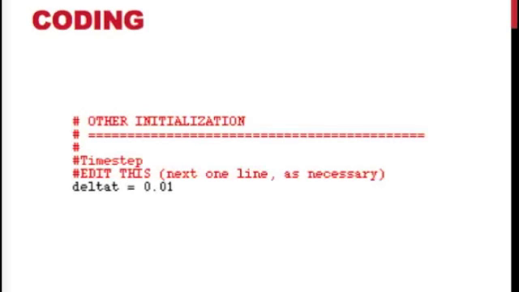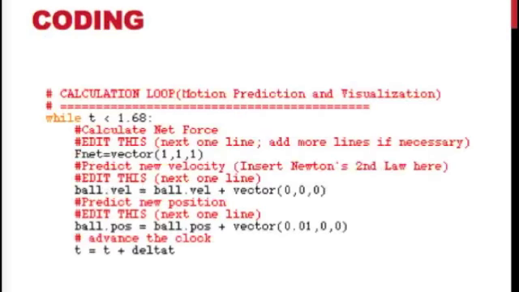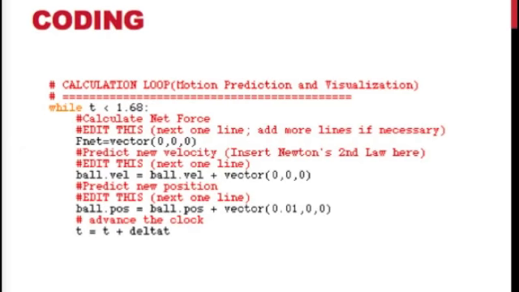I've set delta t for the loop as 0.01 seconds as a pretty accurate way to analyze our information. My final time to stop the loop is 1.68 seconds. That's how long it took the ball to go to the end of the table. I've changed the f-net vector to 0 as we were trying to simulate no outside forces acting on the ball.